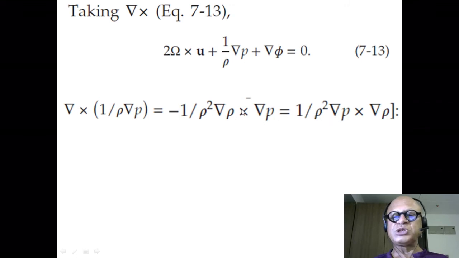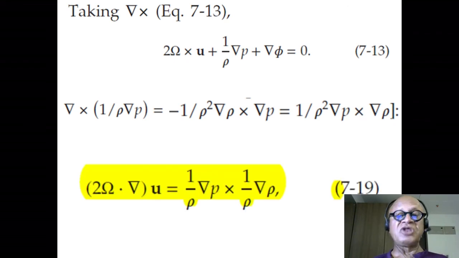You can switch these, that's another vector identity. Here it's grad rho cross grad p. You can just switch it, and that makes this negative sign disappear. So you have 1 over rho squared grad p cross grad rho. That's all. We're just manipulating these things a little bit.